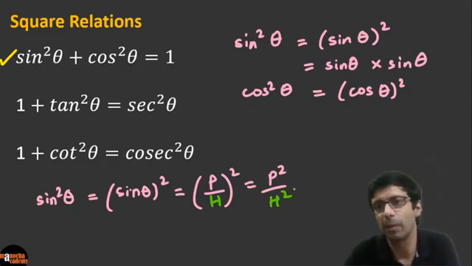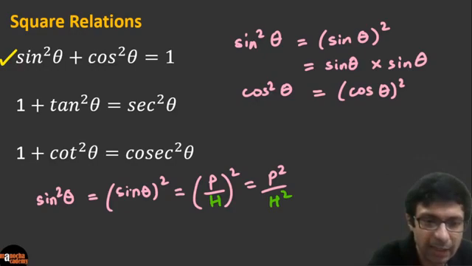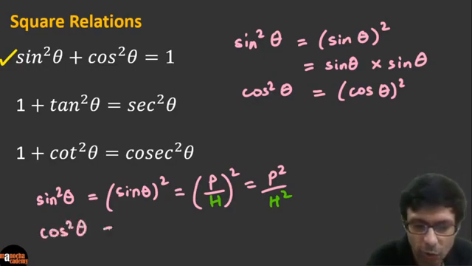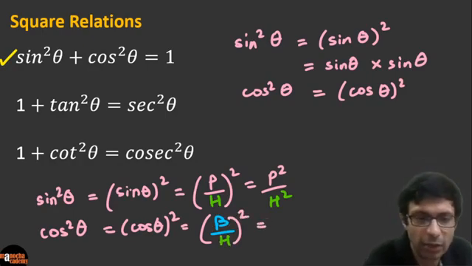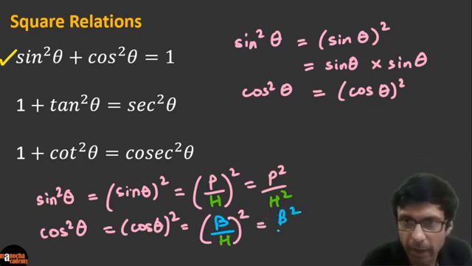Because sine theta is perpendicular by hypotenuse. And similarly, cos square theta is basically cos theta whole square, which is base by hypotenuse whole square, and so that's going to be b square by h square.